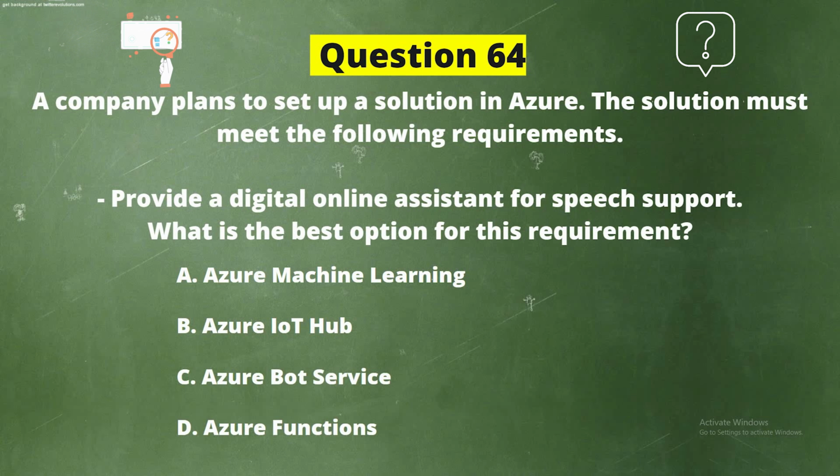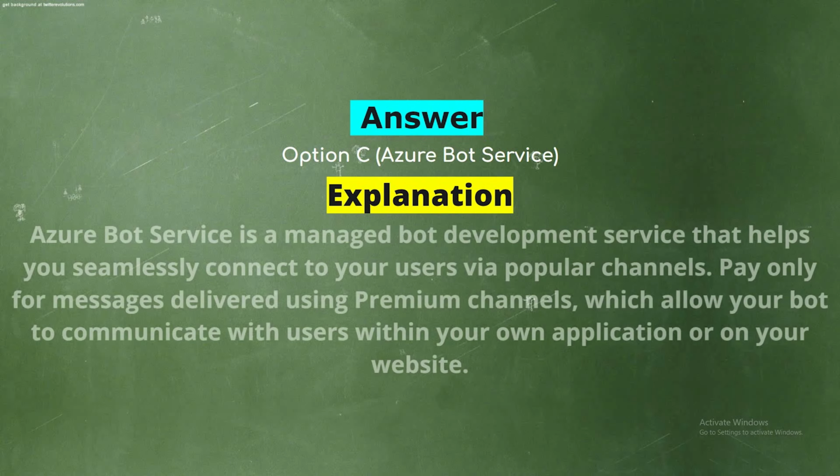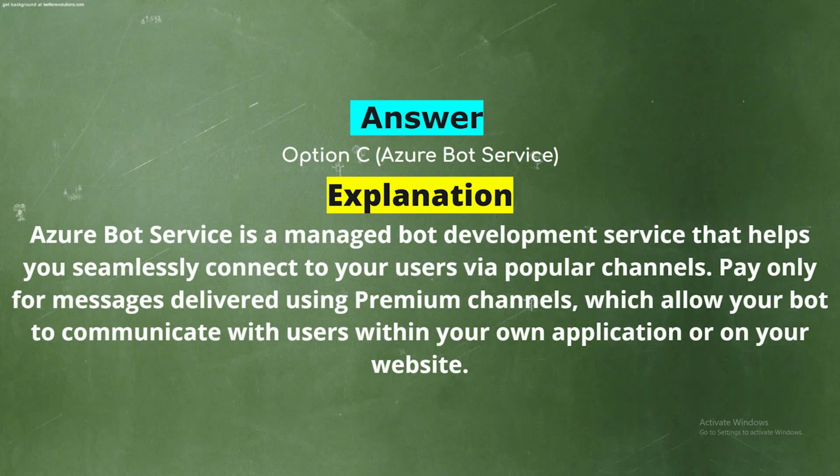Option D, Azure Functions. And the correct answer is Option C, Azure Bot Service. Explanation: Azure Bot Service is a managed bot development service that helps you seamlessly connect to your users via popular channels. Pay only for messages delivered using premium channels, which allow your bot to communicate with users within your own application or on your website.